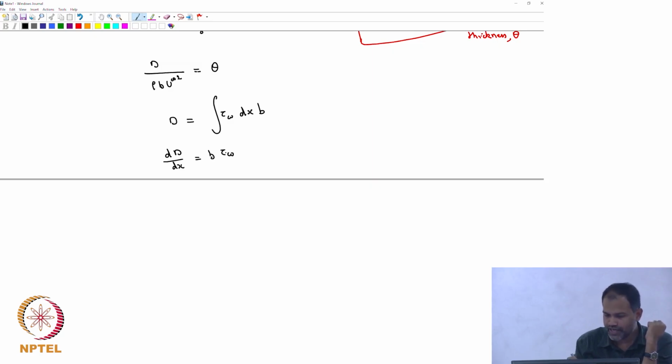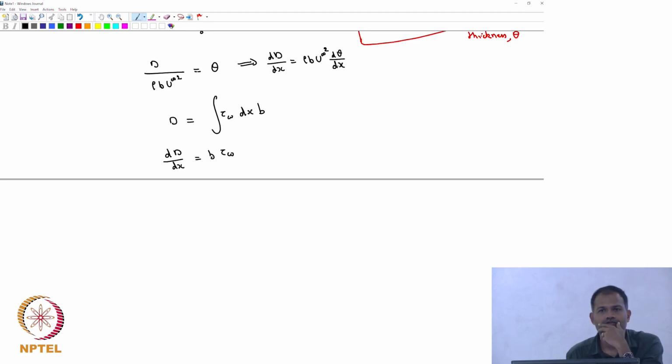I could also write dD by dx is equal to rho b U infinity square d theta by dx, where I had defined theta as some integral.